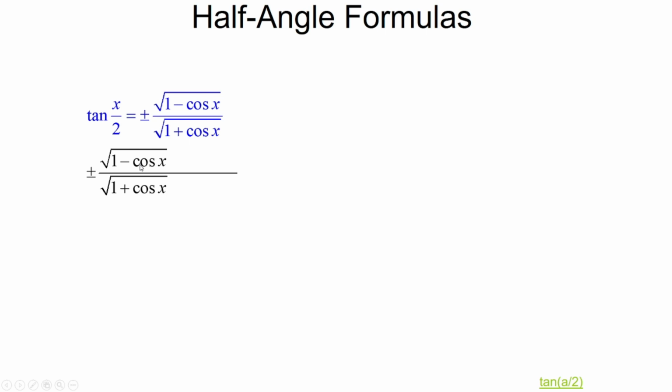That's right, it's 1 plus cosine. And let's just take this term right here and multiply it by root 1 plus cosine of x. And so I don't change anything, I better do the same thing in my denominator. So let's multiply the denominator by the same root 1 plus cosine of x.